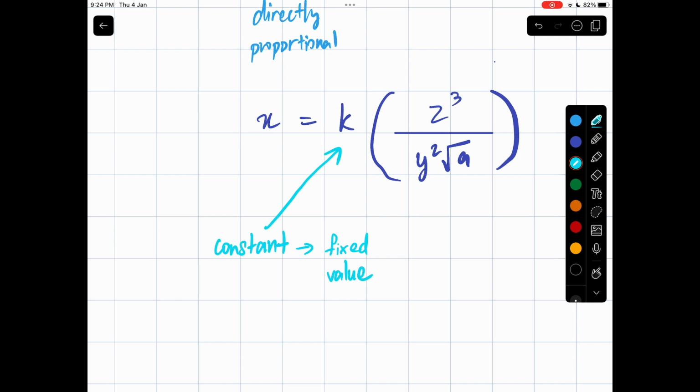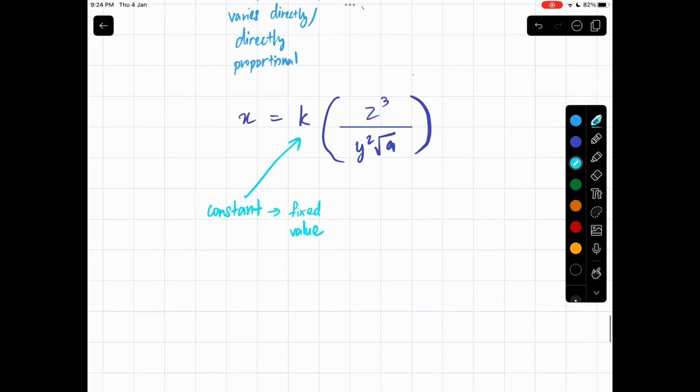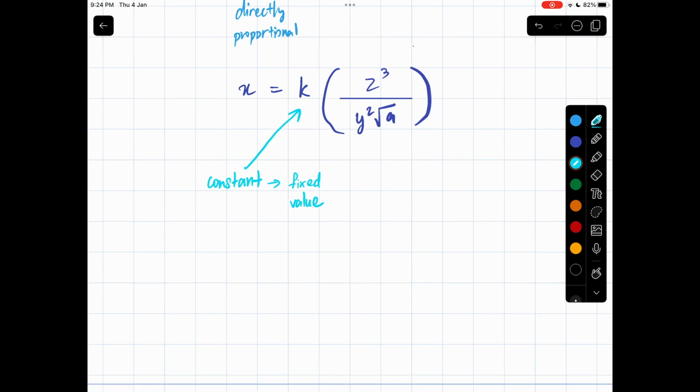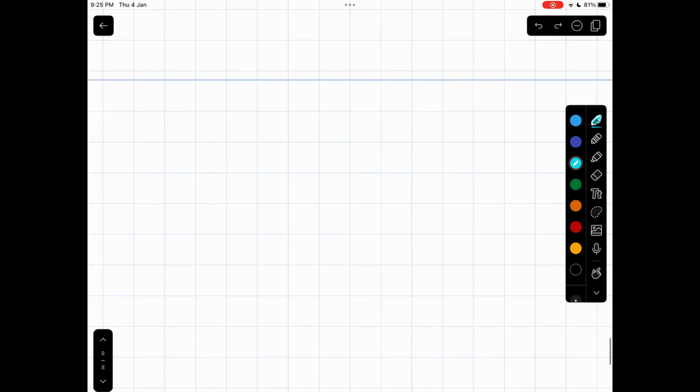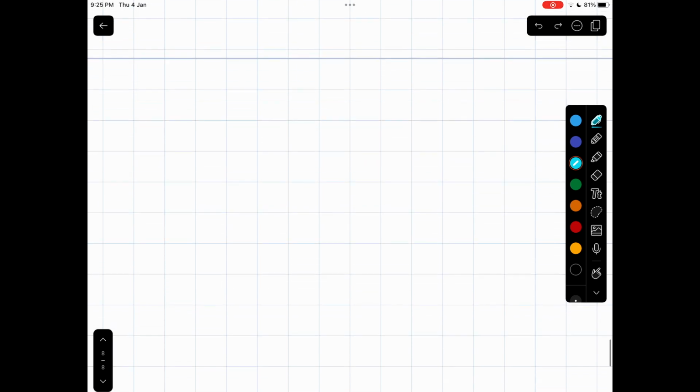So let me give you the context in the form of an example. When we talk about variation, we always say when x increases, y increases. To contextualize it, in the previous video I talked about flour and eggs. So when mom uses one flour packet to bake a cake, let me go down a bit so that I have more room to work with.